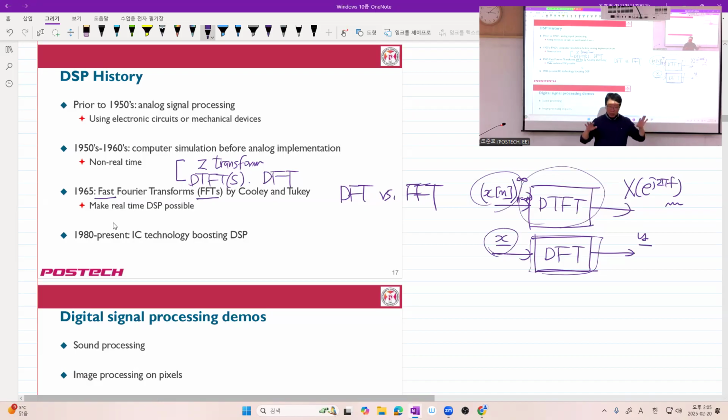And sometimes that is much more efficient and straightforward to understand than just doing vector matrix multiplication. And also, very fast real-world FFT with very large input size became possible due to the development of digital circuits.